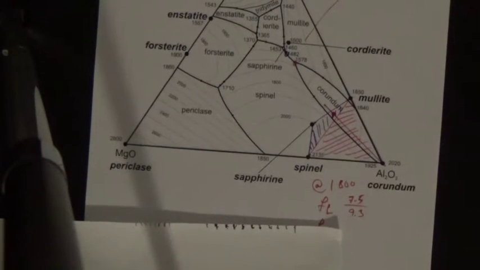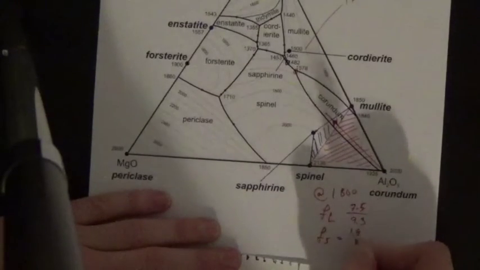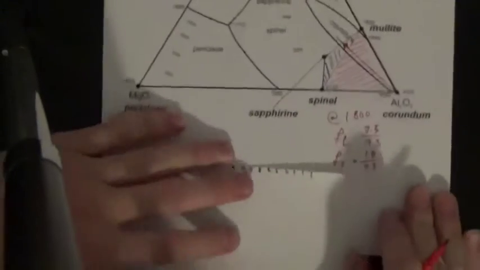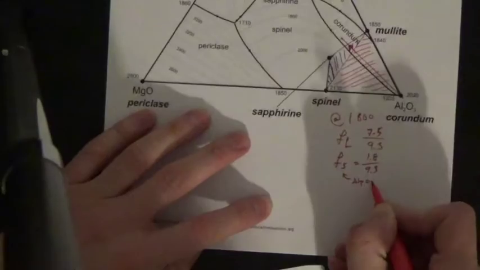No, 1.8. 1.8 divided by 9.3. And this solid is pure Al2O3.